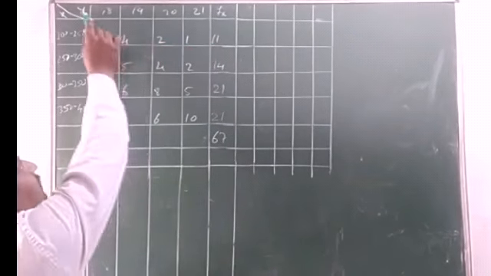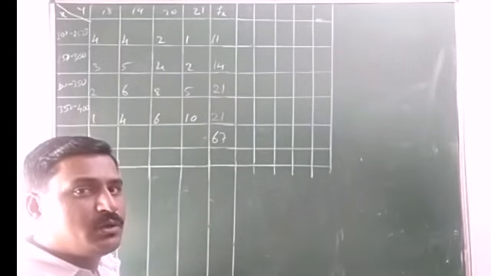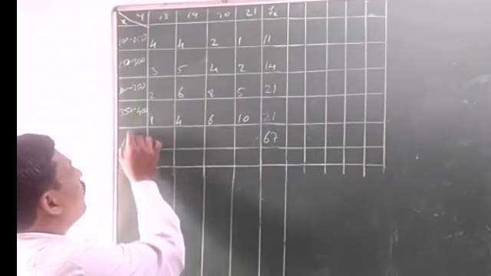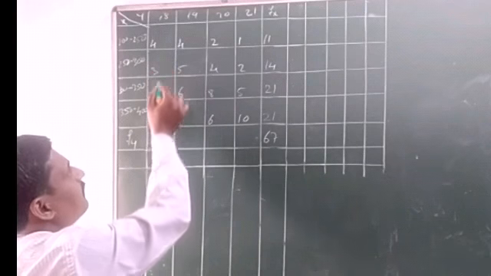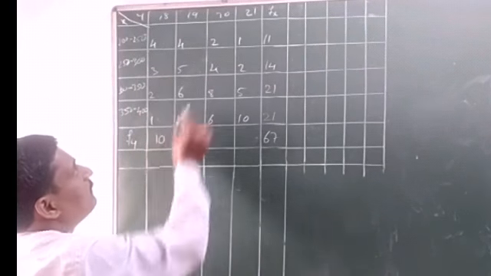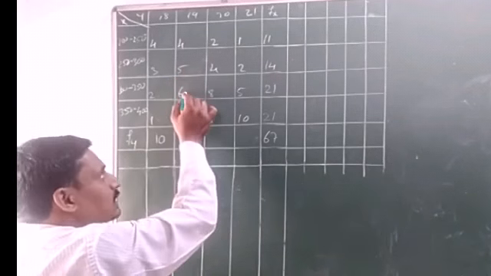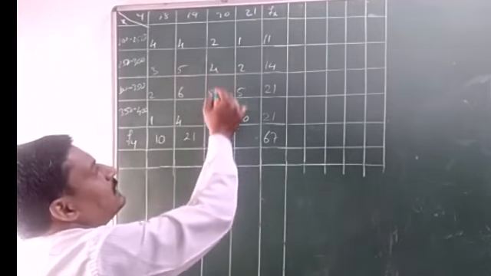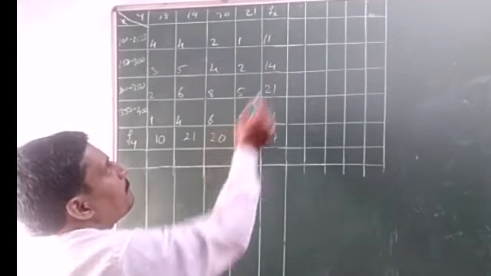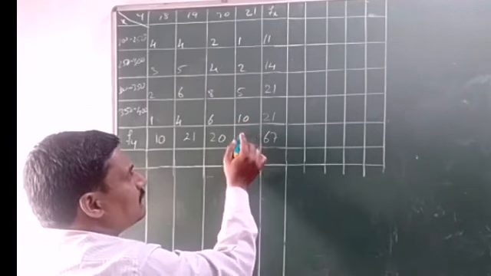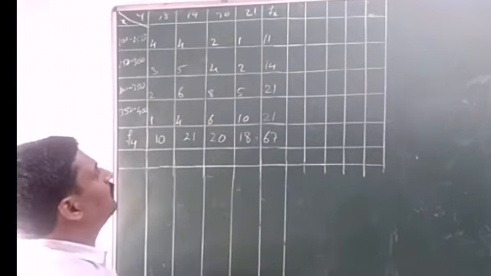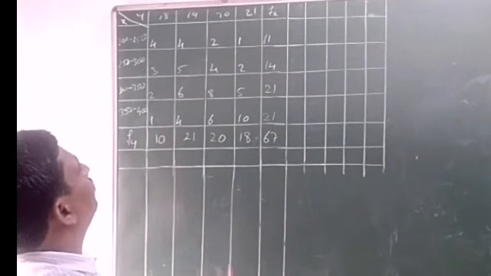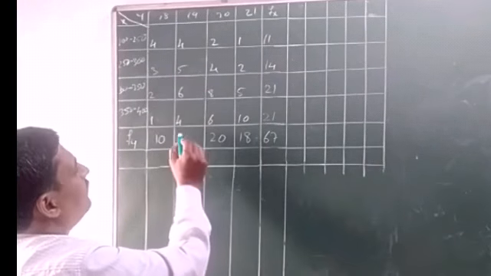So let us make the total of the y variable. Ages are considered as the y variable, and the total frequencies belonging to the y variable we name fy. And here 4 plus 3 is 7, plus 2 is 9, plus 1 is 10, 4 plus 5 is 9, plus 6 is 15, 17 plus 4 is 21, 4 plus 2 is 6, 6 plus 6 is 12, plus 8 is 20, then 1 plus 2 is 3, 3 plus 5 is 8, 8 plus 10 is 18, and the total of this column, I think somewhere we made a mistake, this total is 19.